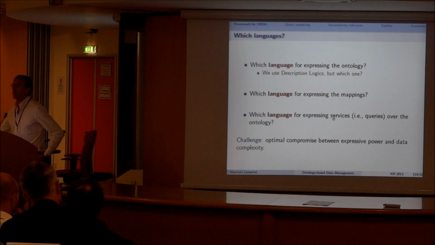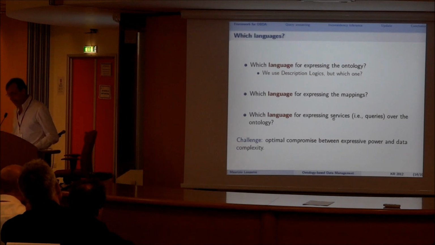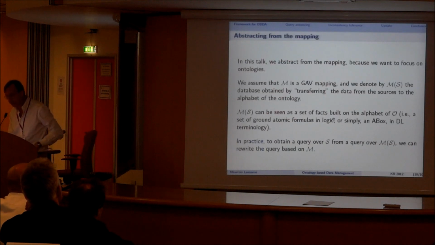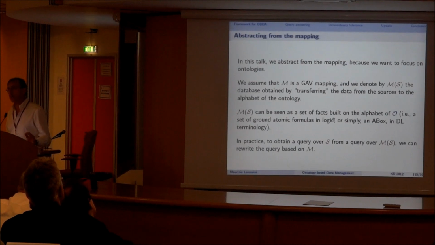But the main point will be the compromise between the expressive power of these languages and the possibility of really reasoning about the whole thing and realizing the idea of translating the services from the ontology to the data sources.